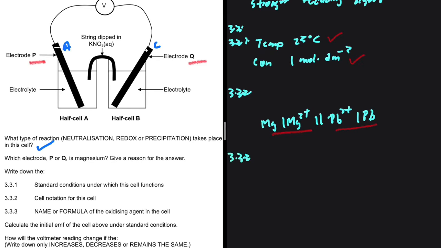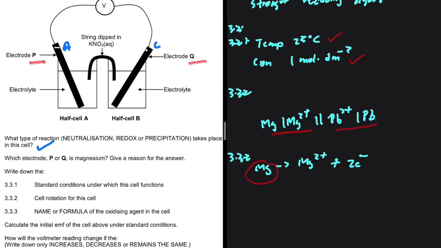3.3. Name or formula of the oxidizing agent in the cell. The oxidizing agent is the species that gains the electrons, that is experiencing a reduction. Well, in our case, the oxidation half reaction, we're going to have Mg giving us Mg2 plus and 2 electrons. This Mg is our reducing agent.